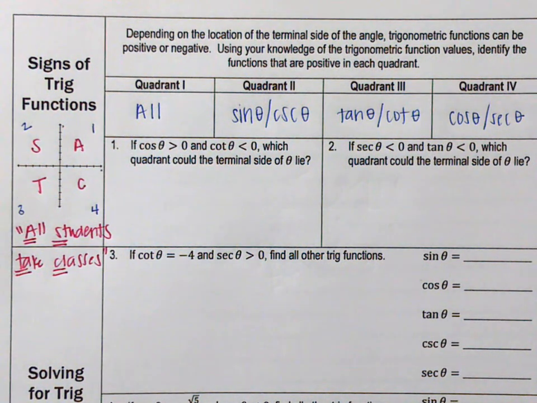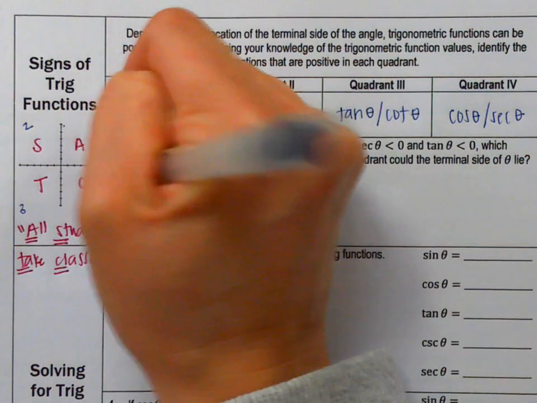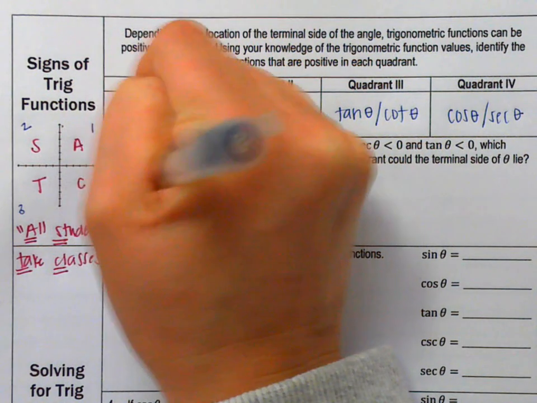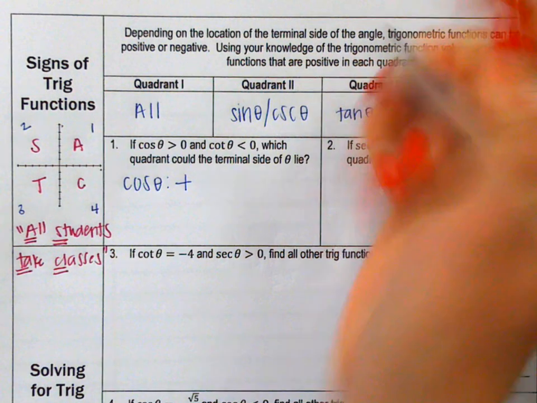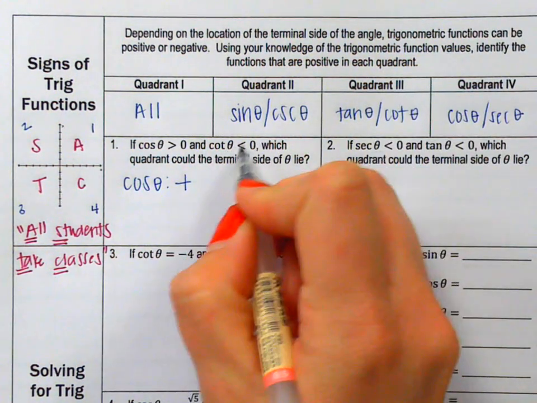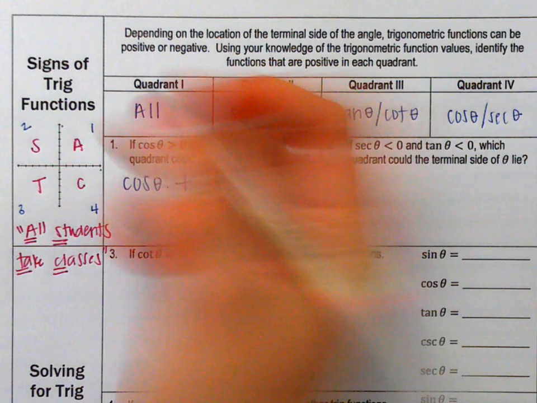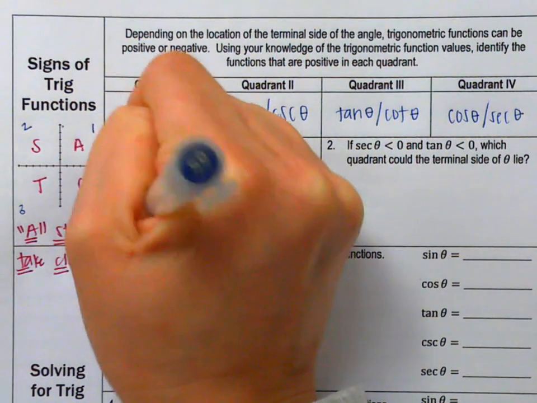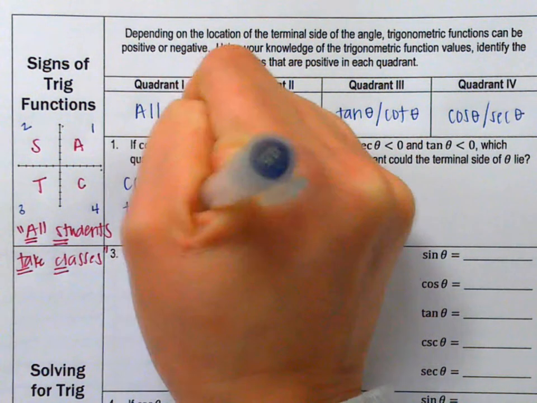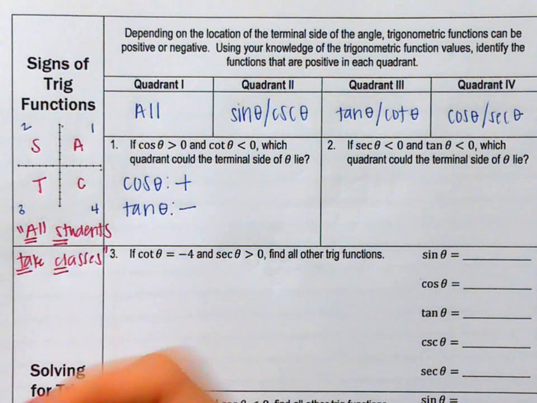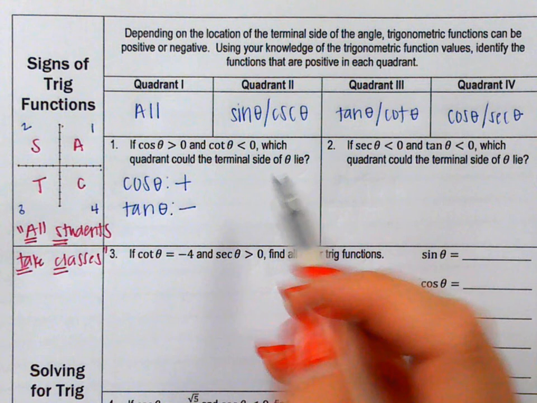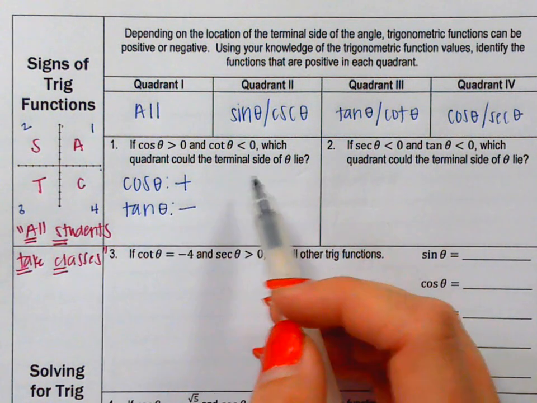Okay, so let's apply that to our first example. It says if cosine theta is greater than 0, so essentially what that's telling me is cosine theta is positive, and then cotangent theta is less than 0, which is telling me cotangent is negative. Usually I also just put tangent, because these are written regular, so I just think what's the reciprocal? Which quadrant could the terminal side of theta lie in?